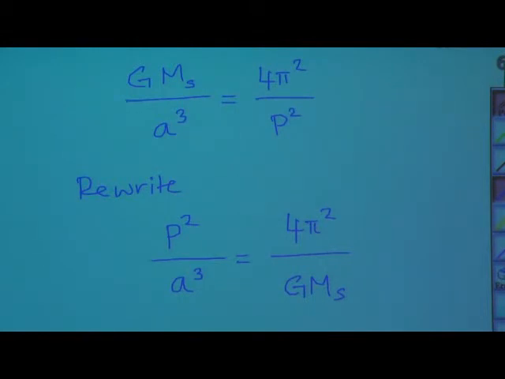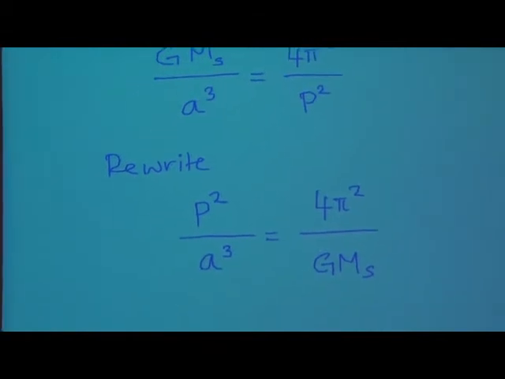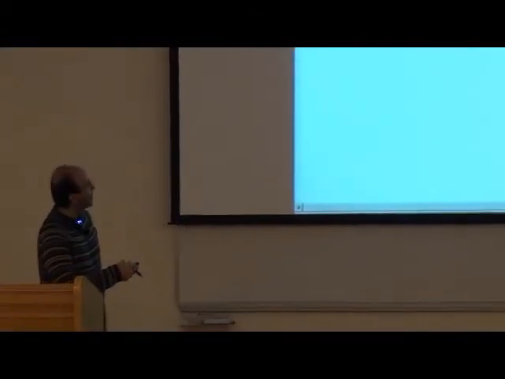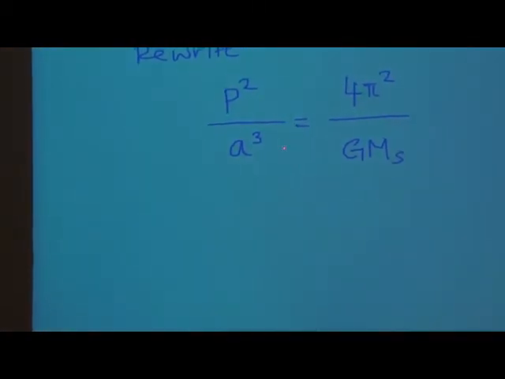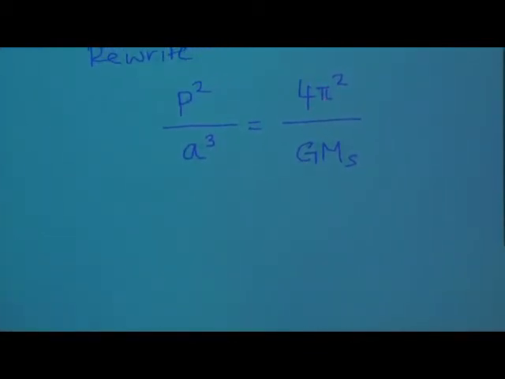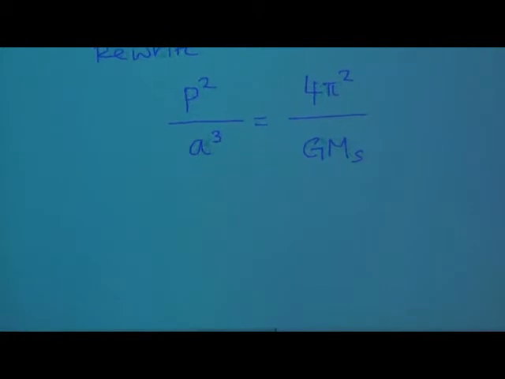So what this says is that on one side, right here, I have the period squared over the cube of the semi-major axis, which depends on a constant, 4 pi squared, divided by another constant, and also divided by yet another constant, the mass of the Sun, which does not change.